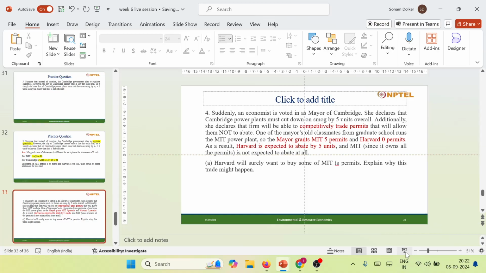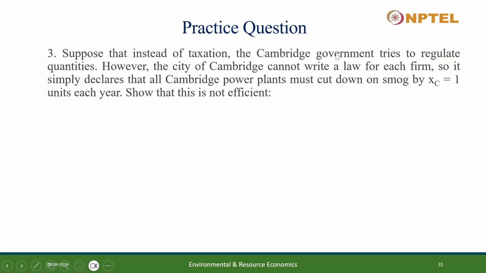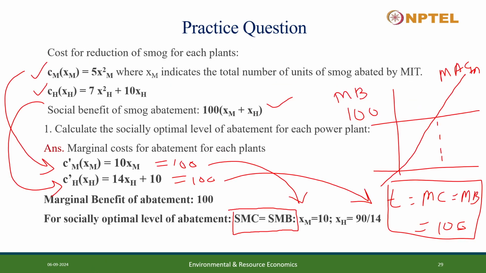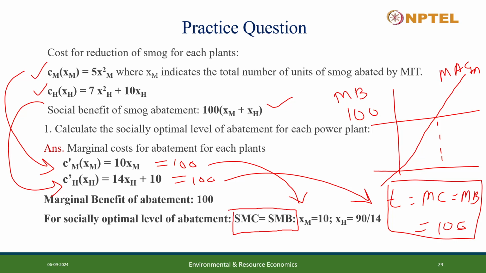So now we are going to the next question, where suddenly an economist is voted as mayor of Cambridge. In the first question, we are imposing the emission tax, and we are finding the optimum level of abatement for each of the plants above which the tax is being levied, right?